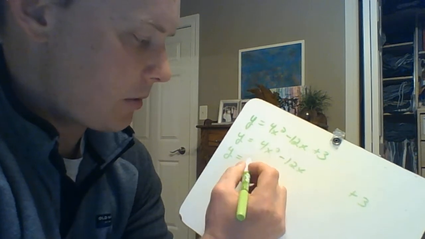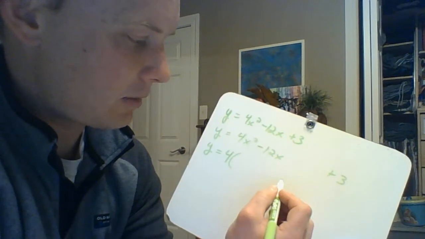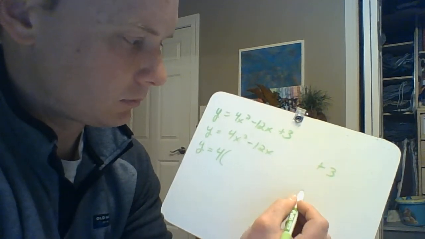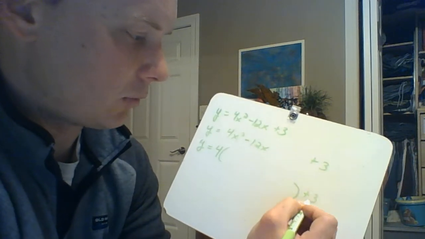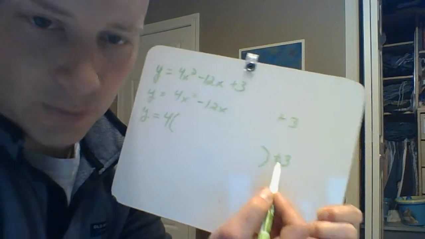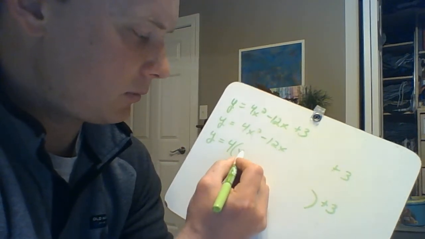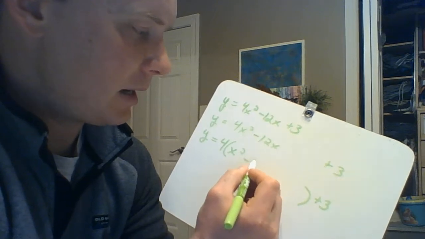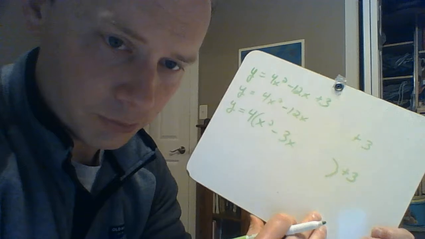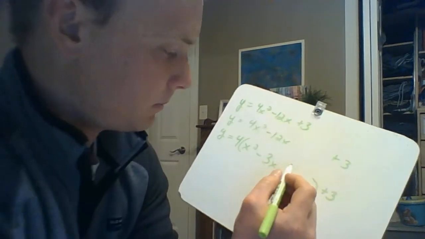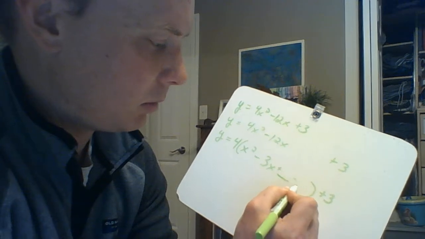So we have to factor out that 4. But we're not going to factor out the 4 from the last number there. We're just going to factor it out from the first 2. So we're left with x squared minus 3x. Okay. At this point, we are going to do our plus our blank and minus our blank.